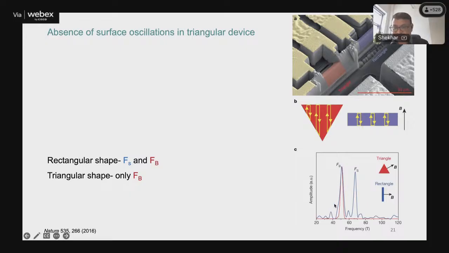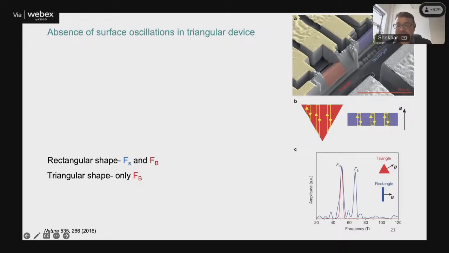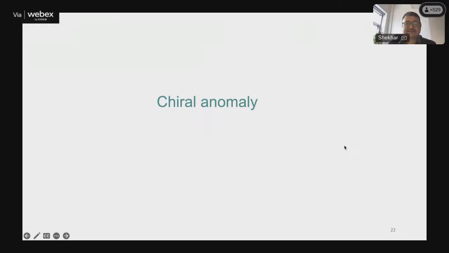So here we can see in the rectangular device we have both, but in the triangular device we have only one frequency. That means what we assume here to explain the path of the electron in a Weyl metal, this is the real path of the electron, which we measure.